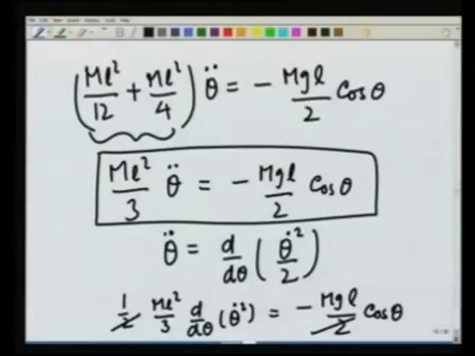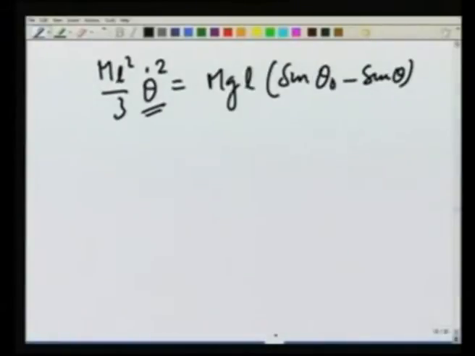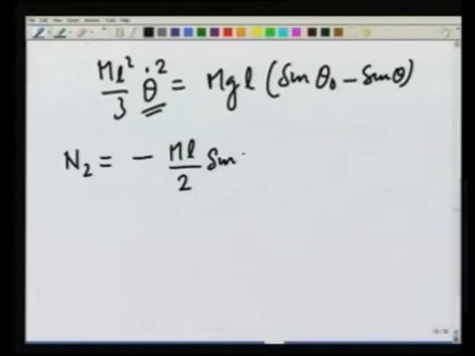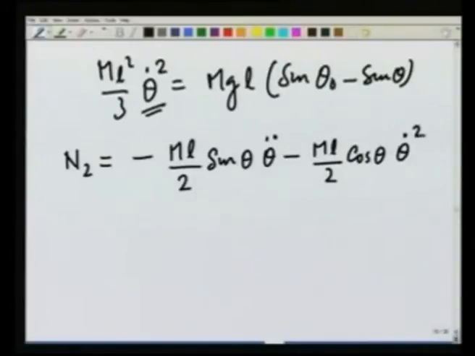Let us go to the expression for N2. N2 was equal to minus m L over 2 sin theta, theta double dot minus m L over 2 cosine theta, theta dot square.